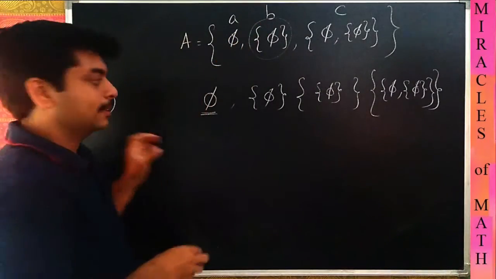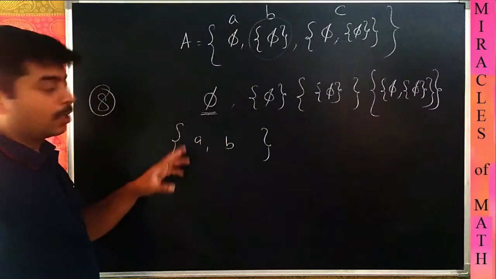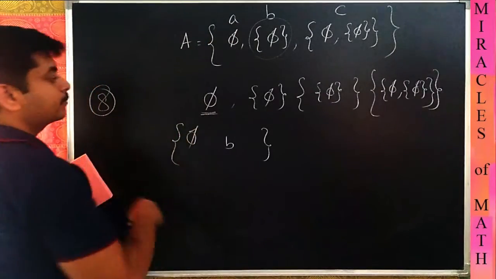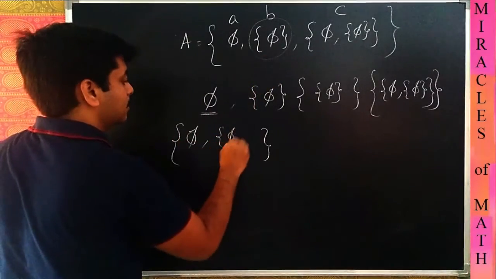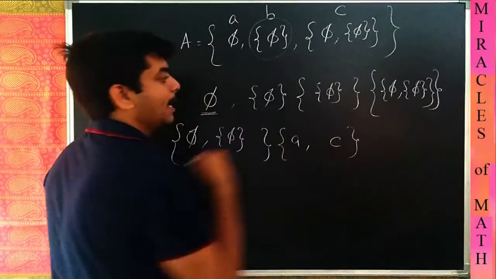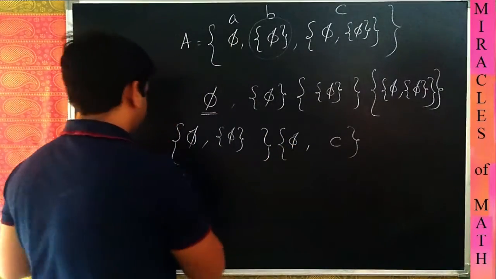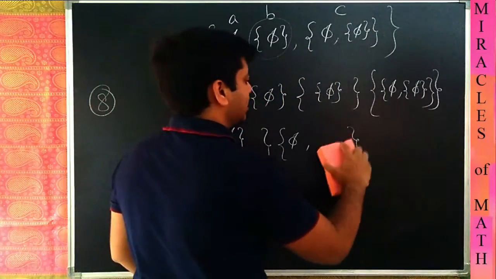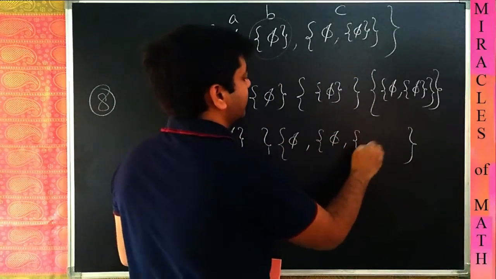Selecting A and B together. Inside the set, write A and B: set A, that is 5, comma set B, which means this complete term. Writing A and C: A means 5, and C means this complete term including its brackets.